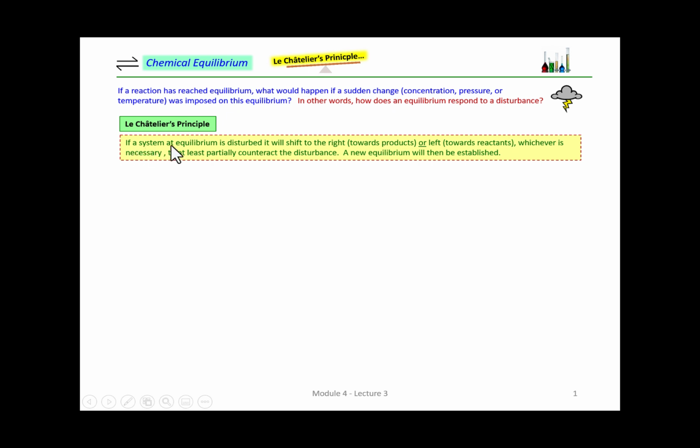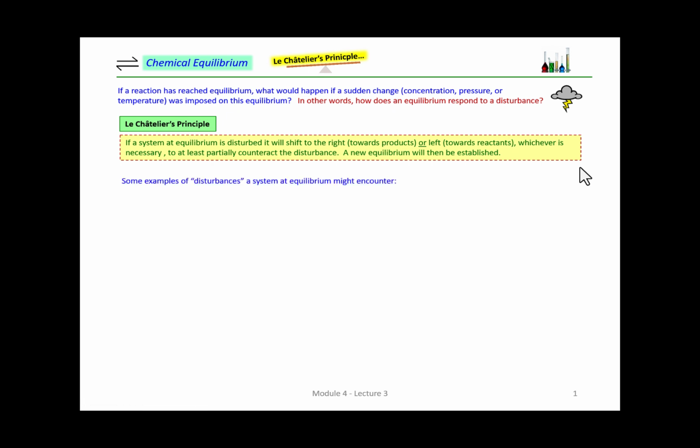If a system at equilibrium is disturbed, it will shift to the right towards products or to the left toward reactants, whichever is necessary to at least partially counteract the disturbance. A new equilibrium will then be established.